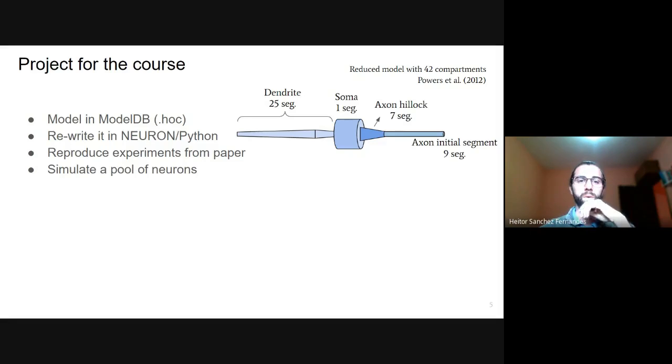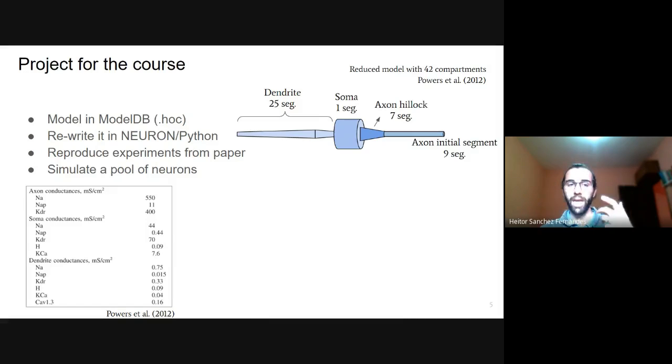So we had to rewrite it in NEURON Python. This was specifically challenging because the model has lots of conductances, including AP characteristics and conductances related to persistent currents as well.